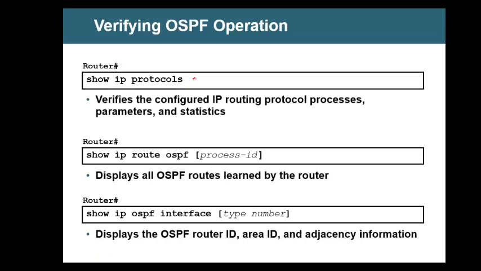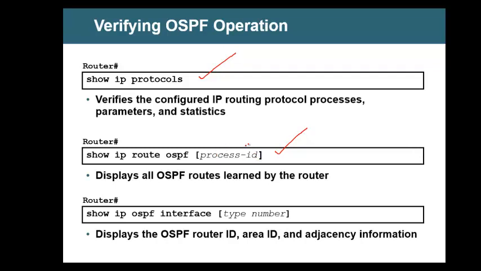These are the verification commands: show ip protocol, show ip ospf with the process ID if you have more than one OSPF, otherwise you don't need to type the process ID.